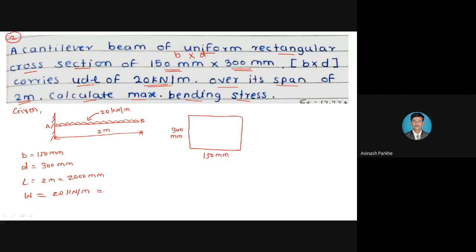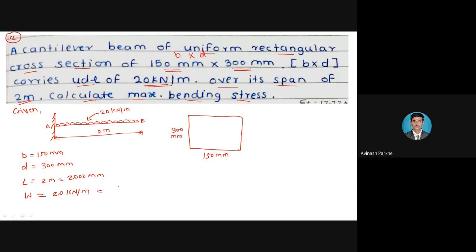Here in case of a bending stress calculation, don't convert this UDL into a point load. Here it is not required. In the shear force and bending moment diagram chapter, we converted that UDL into a point load for SF and BM calculation. But here, whatever W is given as a UDL, don't convert it into a point load. If the UDL is given in kilonewton per meter, only convert it into Newton per mm.